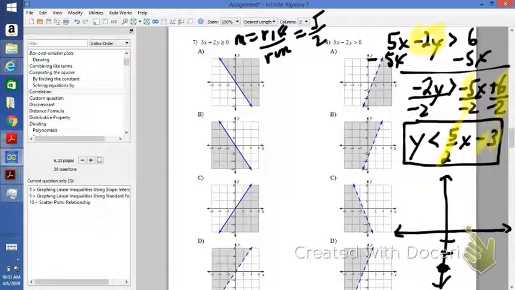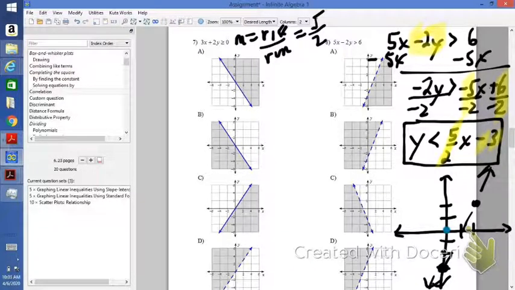So it's 5/2, which tells me I've got to go up 5: 1, 2, 3, 4, 5. And then I have to go to the right 2. Now I'm going to connect with a dotted line because that is less than. I'm going to pick a test point, 0, 0.